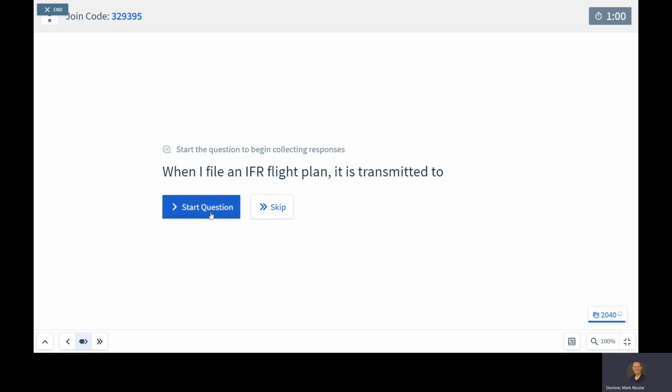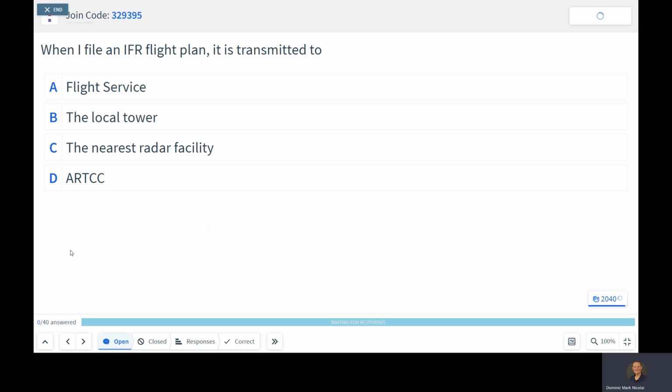So the first question: when I file an IFR flight plan, it is transmitted to... This is kind of like a pre-knowledge area. You know where your flight plan goes.